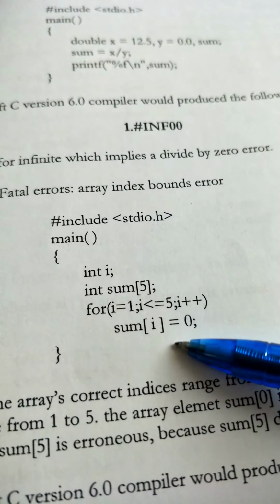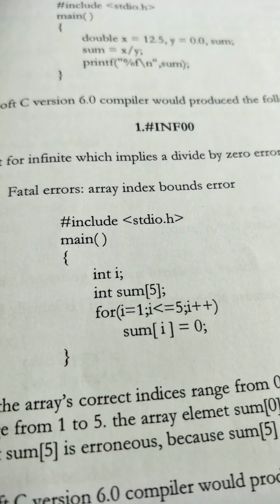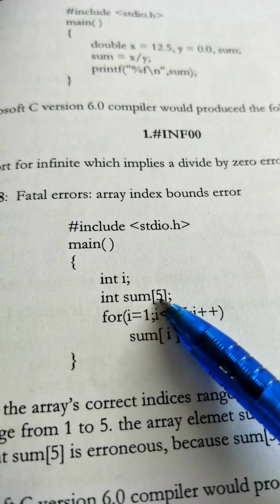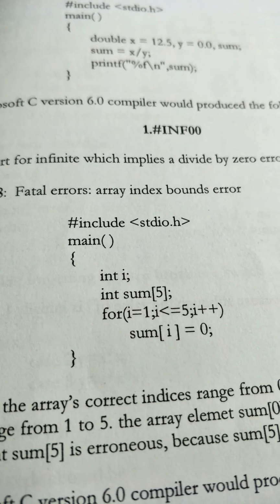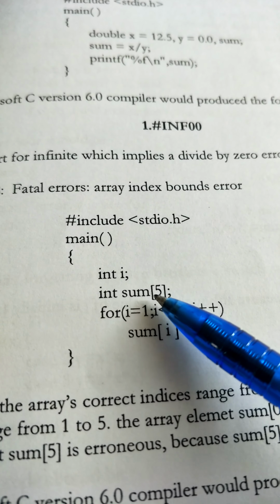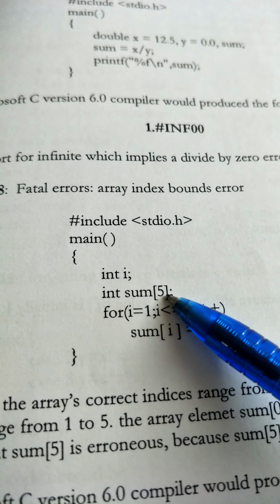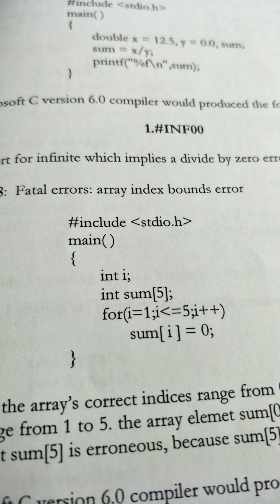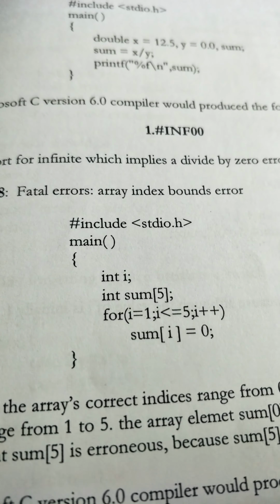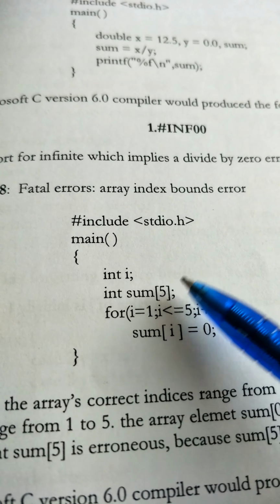Another example is here. On the array, this is the way we define an array. I will talk about this after this chapter. Basically, an array begins from 0, 1, 2. In this case we allocate 5 values, from zero, so 0, 1, 2, 3, 4.